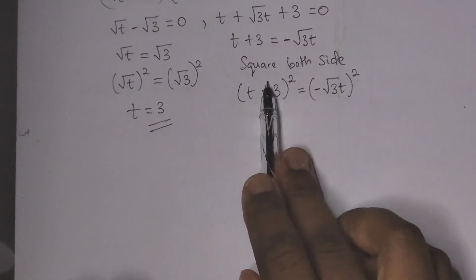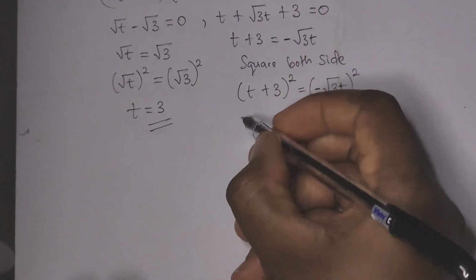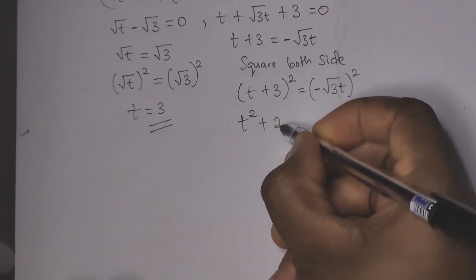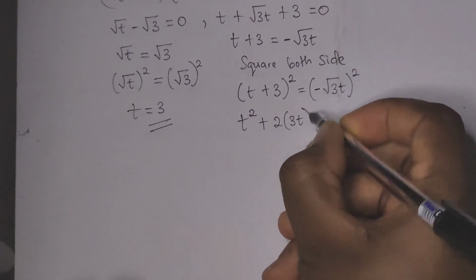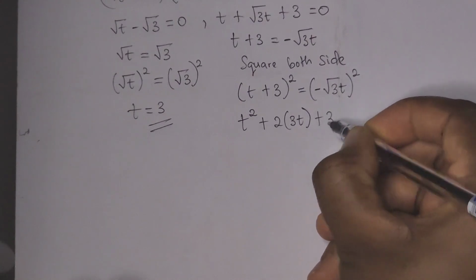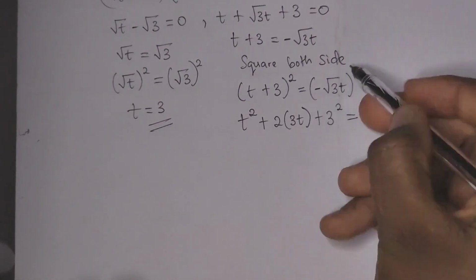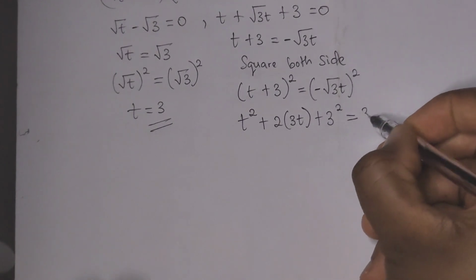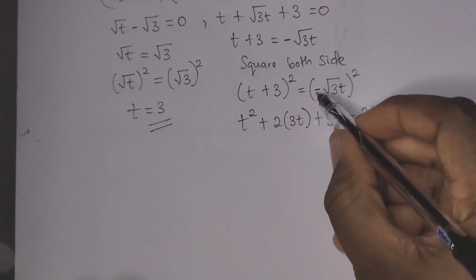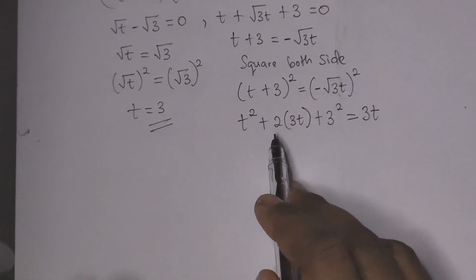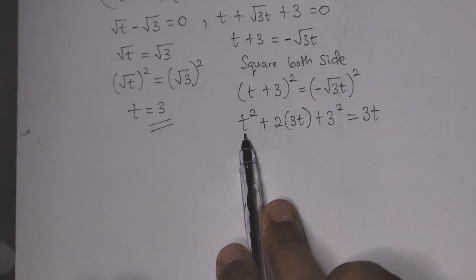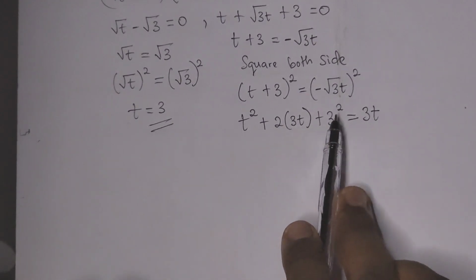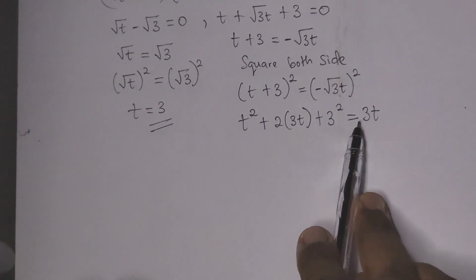So when we square this, we'll now be having t squared plus 2 times 3t plus 3 squared equal to, this square root will cancel this square, leaving 3t. Negative times negative will vanish. So we now have t squared plus 2 times 3t plus 3 to the power 2 equal to 3t.